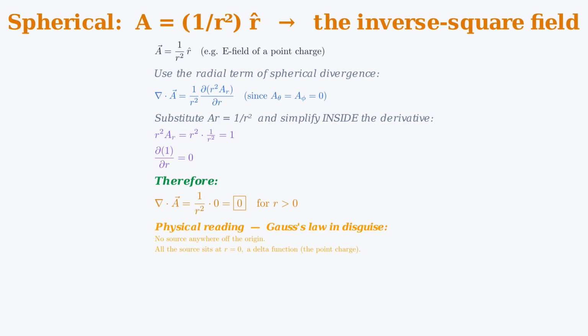That is the mathematical heart of Gauss's law. A point charge produces a 1 over r squared field whose divergence is 0 everywhere except where the charge sits, and integrating around the charge always gives the same total outflow, no matter how big or small your surface. This is going to come back many times in this course.